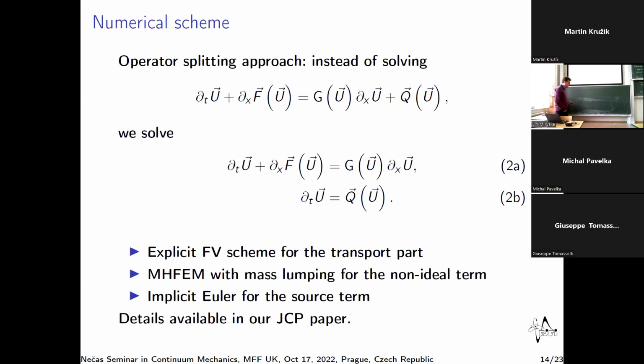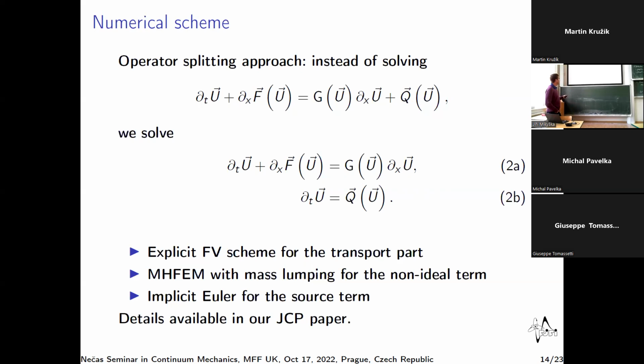Regarding the numerical scheme, I'm not going into the details, but basically we use operator splitting, and we split the problem and solve first just the transport part, and then the source part. We use an explicit finite volume scheme for treating this part.